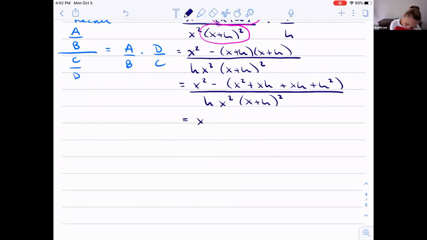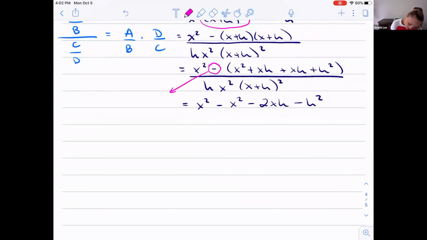So x squared minus x squared, and then xh plus xh, I'm going to rewrite as, oops, not plus, but minus 2xh minus h squared. Making a note here that this minus expands onto all terms.